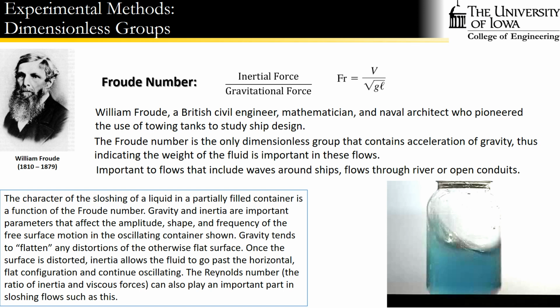This is really important in a lot of things like flow in rivers, flow over dams, flows around boats, or inside of tanks, because balancing inertial and gravitational force dictates the behavior of things like waves. There's a nice example I'll do in the beginning of the next lecture that demonstrates how we can use the Froude number to show why, for example, tsunami waves travel faster than ripples in a pond.